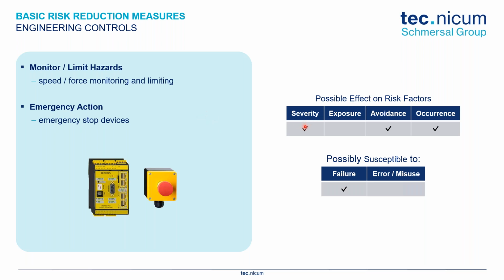We may be able to have an effect on the severity of the hazard, especially if we're limiting that force or pressure or speed with that hazard. Okay, again, looking at a safety function at the end of the day, so there's that chance of a failure happening. And we take more into consideration with the right category and performance level.